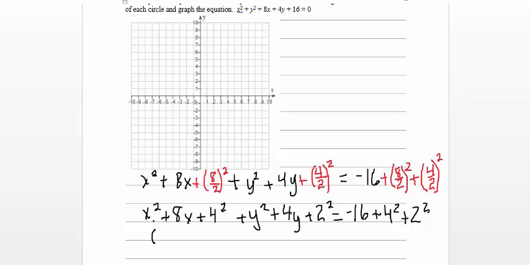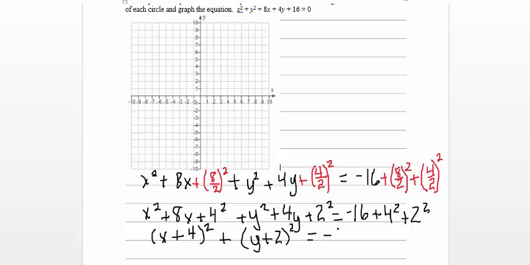So when I factor this left side, I have the square of x plus 4. When I factor the y terms on the left side of the equation, I have the square of y plus 2.